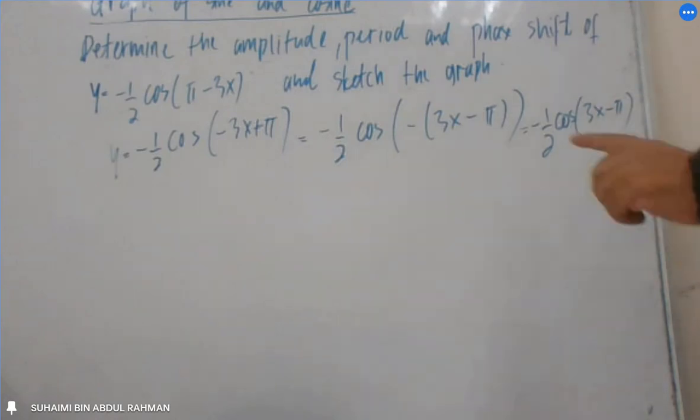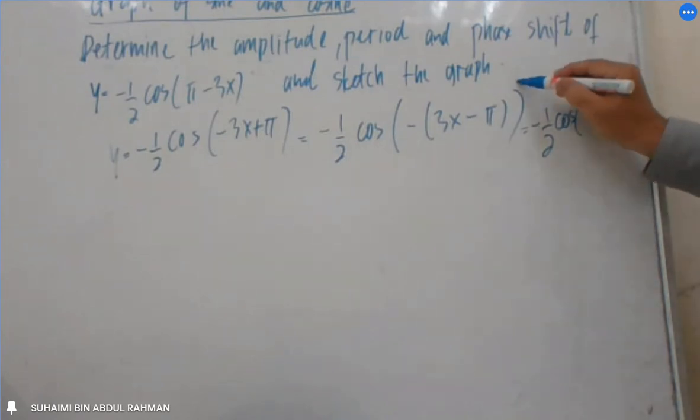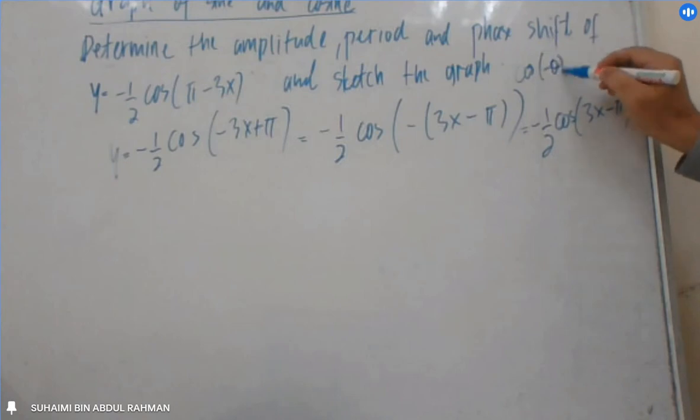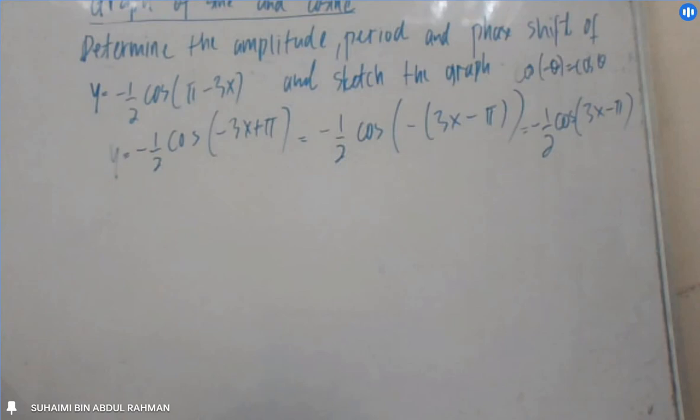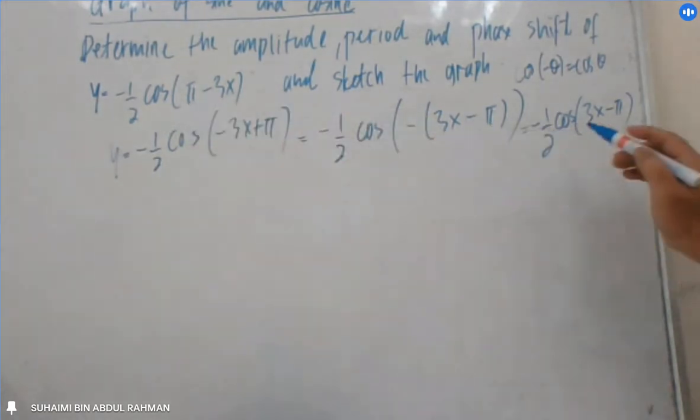Remember this: cos of minus theta is equal to cos theta, from the even-odd properties of trigonometric functions. So our function is this.